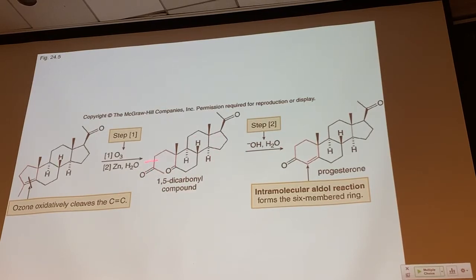How many different enolates could we make from this compound? How many ketones do we have in this molecule? We actually have 3. We got one up here. So how many enolates could we make? We can make 1, 2, 3, 4, 5. Here there's no alpha hydrogen, so there's 5 possible enolates that can be made.